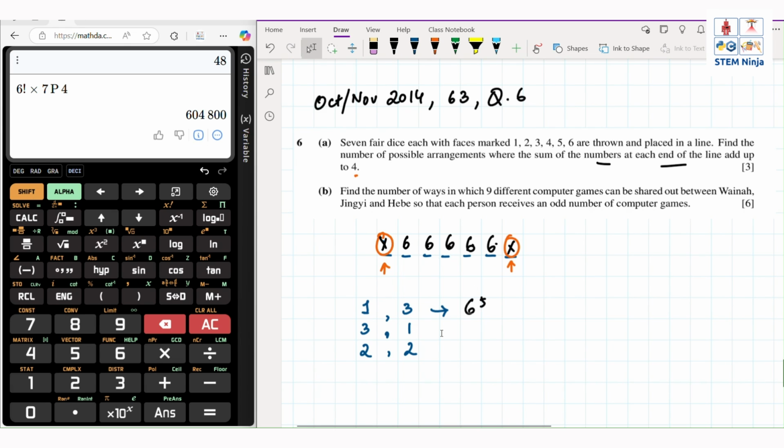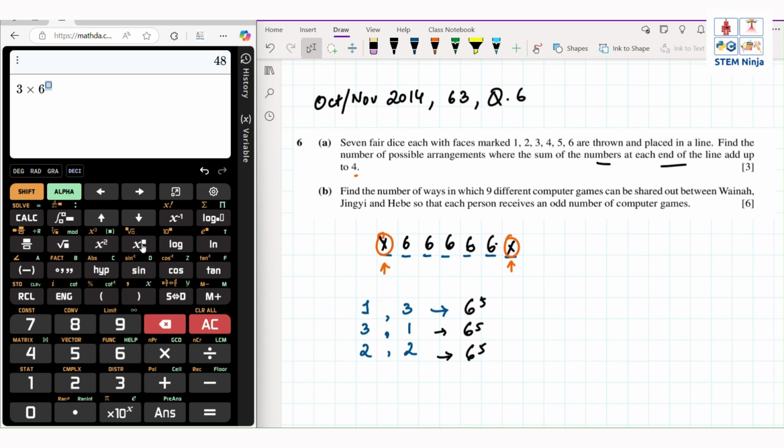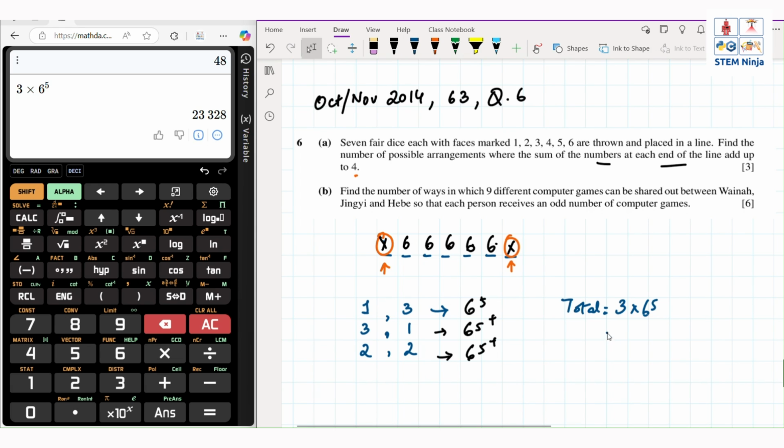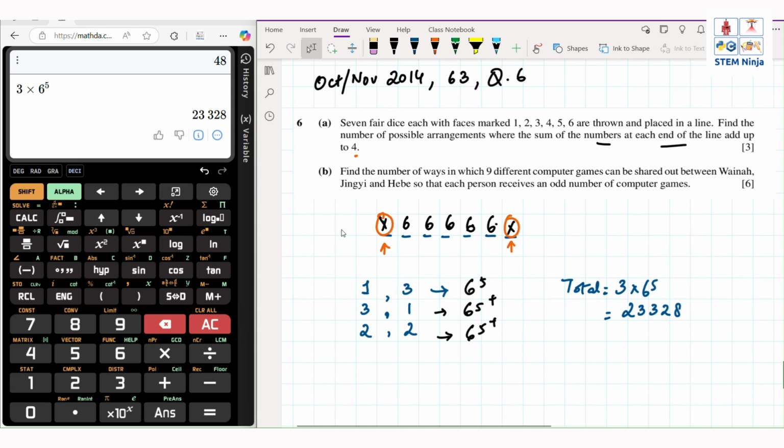So 6 raised to power 5, 6 raised to power 5, and 6 raised to power 5 possibilities. So total would be 3 times 6 raised to power 5, which equals 23,328. This is the A part.